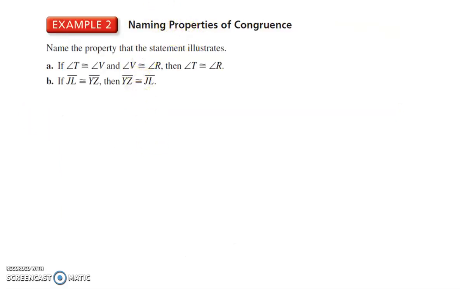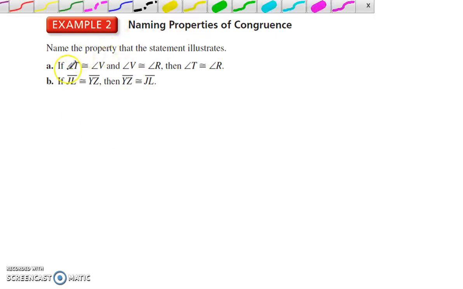So, naming some properties here. Properties of congruence. This first one, we have angles here, so this is angle congruence. And then which one do we have? T is V, V is T. That's symmetric. Nope, sorry. Correction: 1 is 2, 2 is 3, so 1 must be 3.